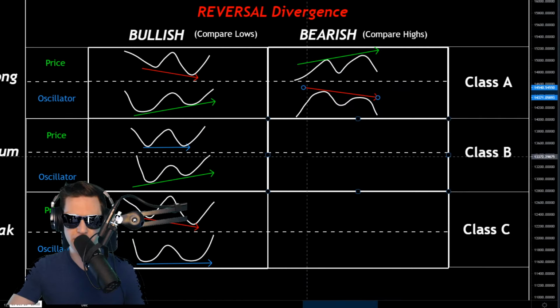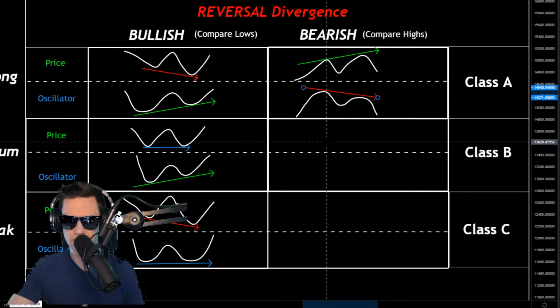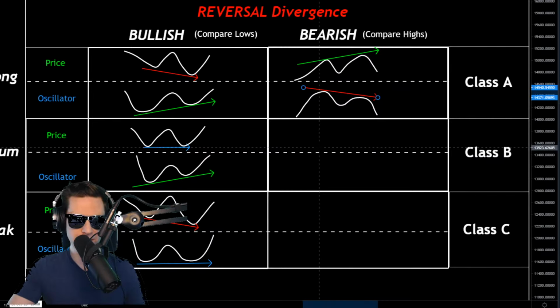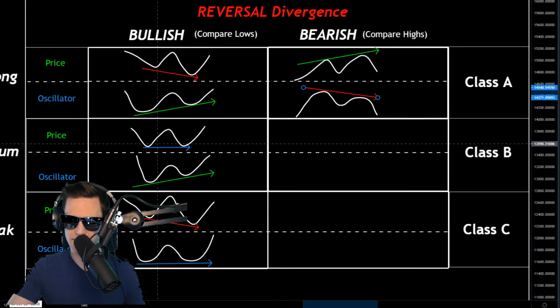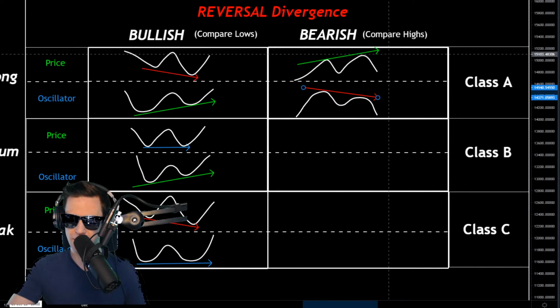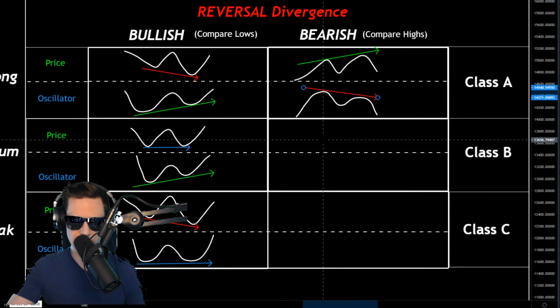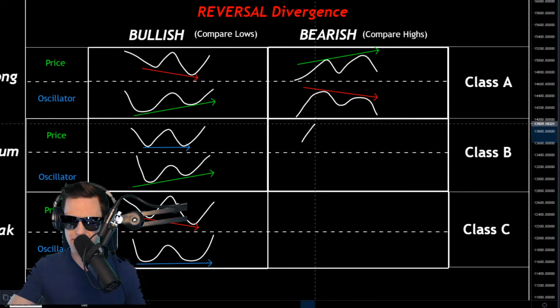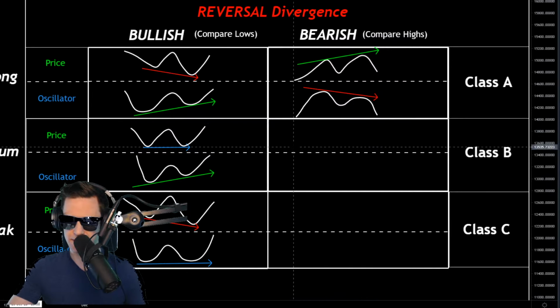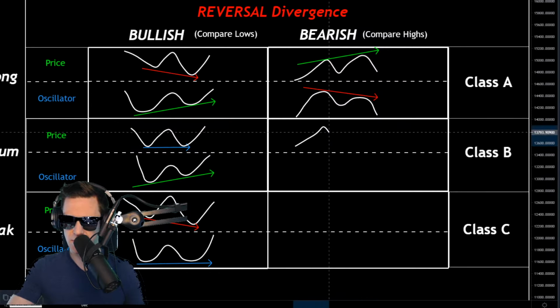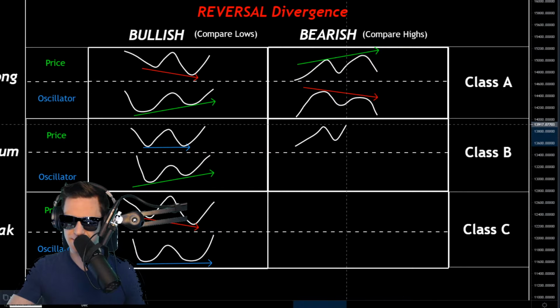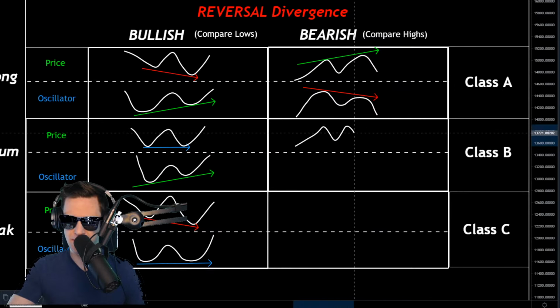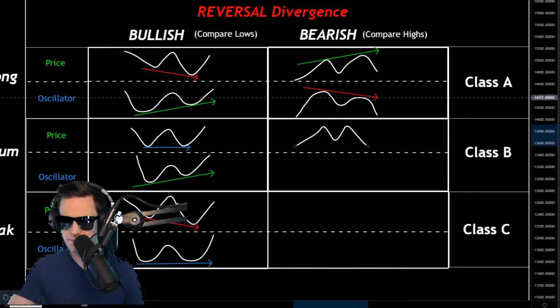Medium bearish reversal divergence, or class B. It's going to look the same as the bullish one, but of course we're comparing the highs now, not the lows. So price sets a high, pulls back, attempts that same high, and moves down.